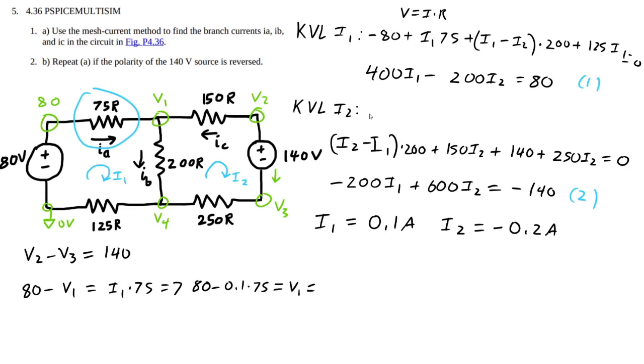That's going to be V1, and let's punch this in. So it's 7.5, 73.5. Let me double check that. 80 minus 7.5, 72.5. So 72.5 volts as that voltage there.